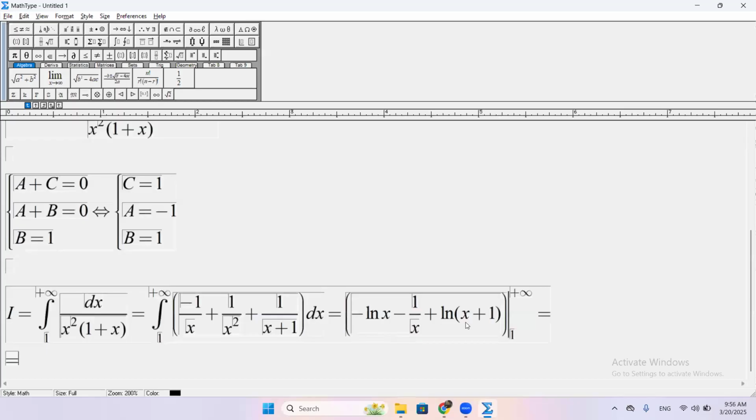Actually infinity minus infinity. Okay, let's calculate it. Minus infinity minus 0 and plus infinity. And here 0 minus 1 and plus the logarithm of 2. Actually, this integral diverges.